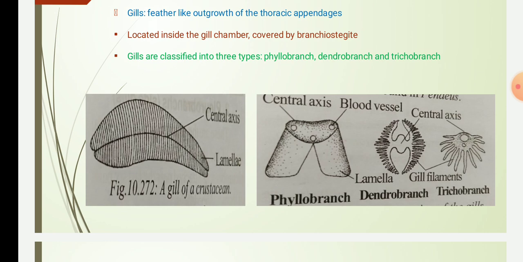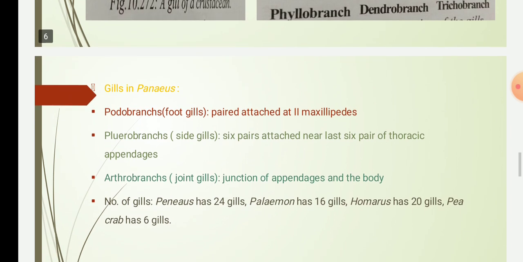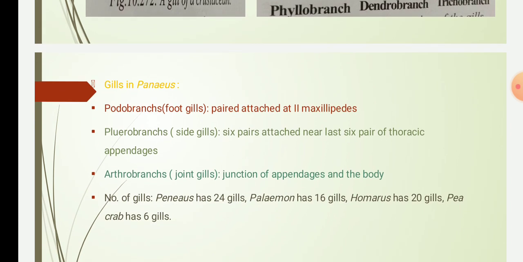The gills of Penaeus, a marine prawn, which has dendrobranchiate gills, are further classified into three main types based on the place of attachment.